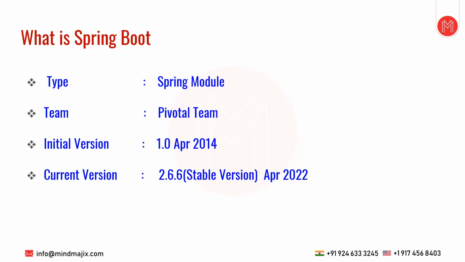The initial version of Spring Boot was released in the year 2014, version 1.0, in the month of April. But the current version we are using is 2.6.6, that is the stable version. There may be 3.x also released into the market, but 2.6.6 is the stable version. That was released in the year 2022, this year in the month of April.